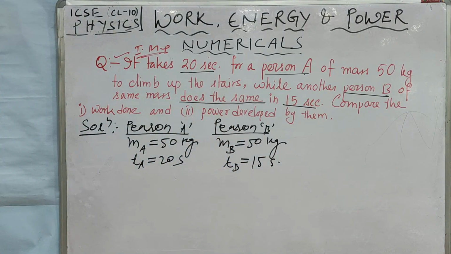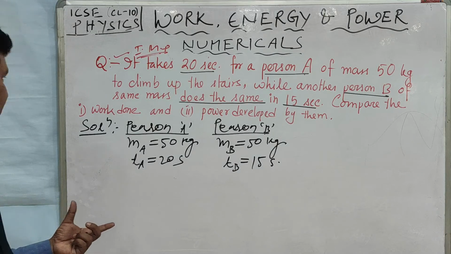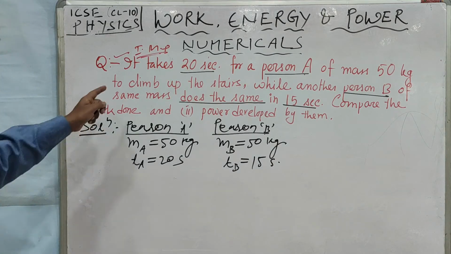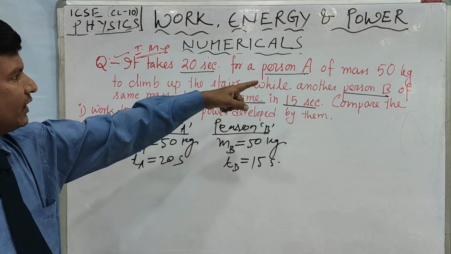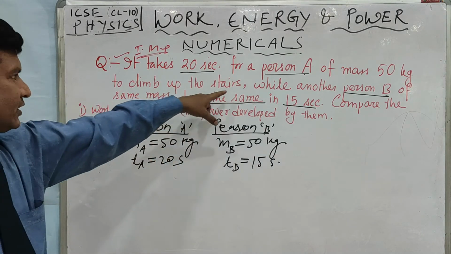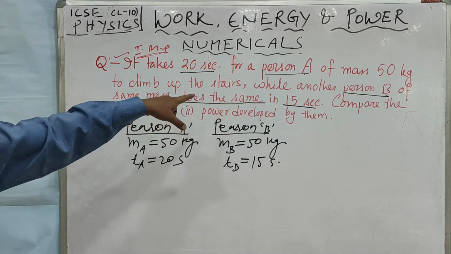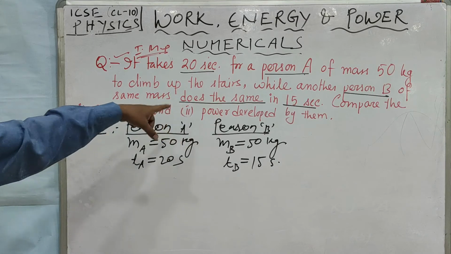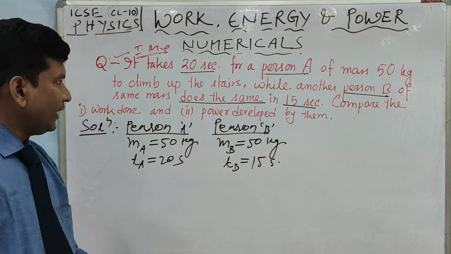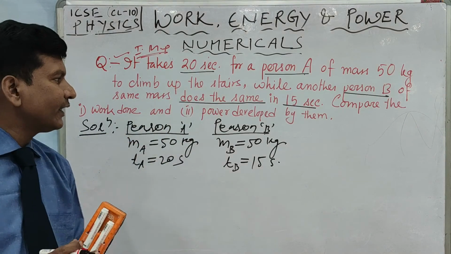So now we have to find the work done or compare the work done. Since both persons are going to the same height, even though it takes 20 seconds for a person of mass 50 kg to climb up the stairs, and person B is also going to the same height, but taking a different time.